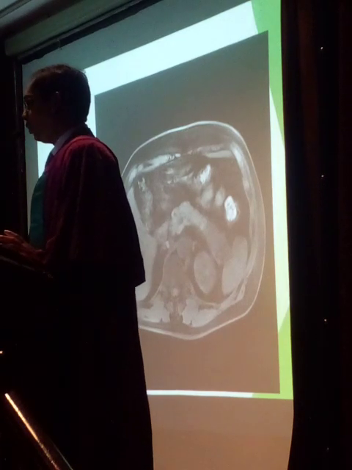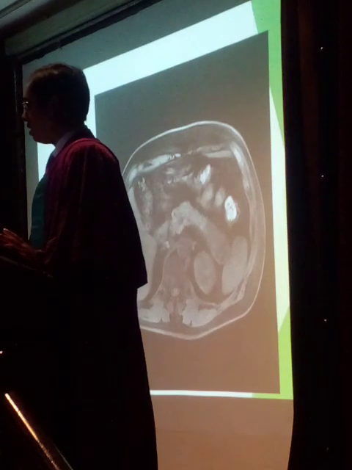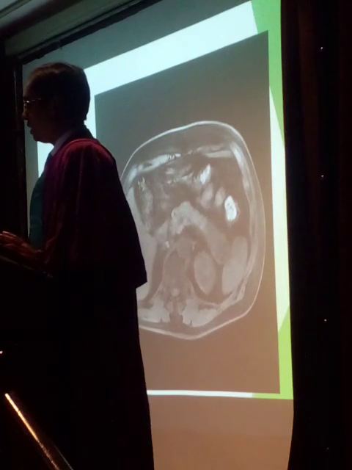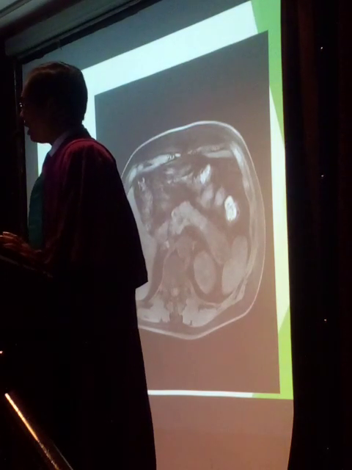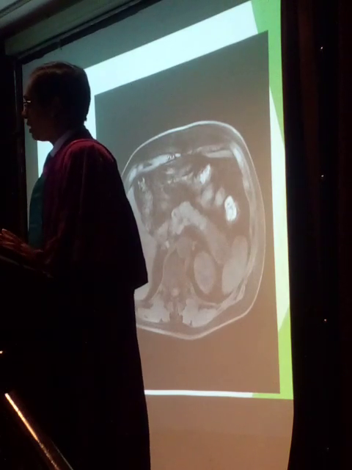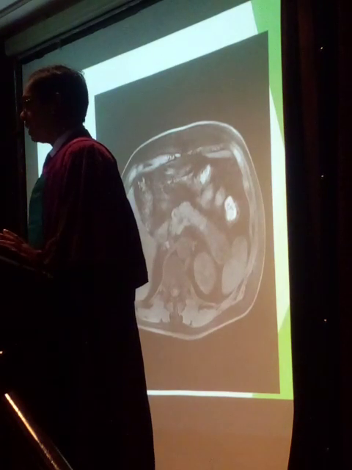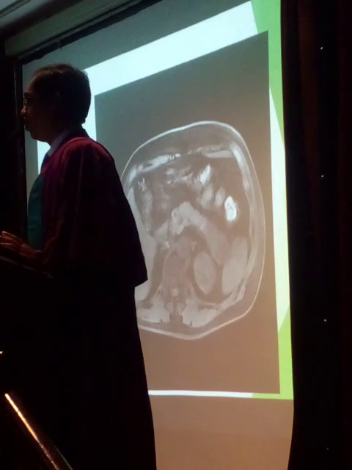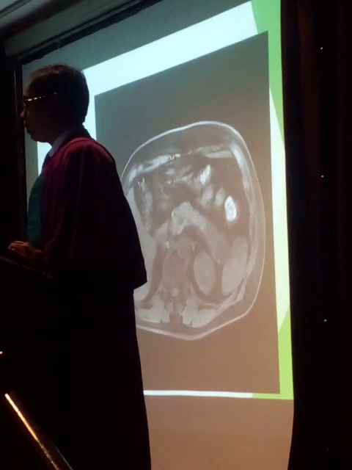By doing MRI, we can specifically say the local extension and invasion into the structure, because the appearance and the tumor margin are better seen in MRI than CT or ultrasound. So if we think it invades, or we want to exactly clarify the invasion margin, it is better to do MRI as further imaging before the surgical procedure.